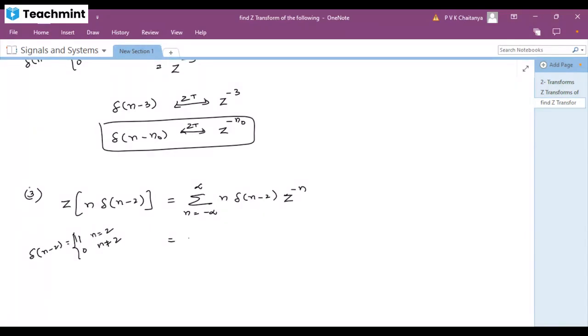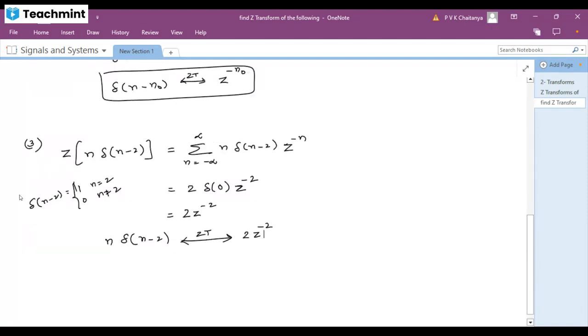So if n is equal to 2, I will be getting 2 into del of 0 into z power minus 2. So I will be getting it as 2 into z power minus 2. So for n into del of n minus 2, the z transform is going to be 2 into z power minus 2.